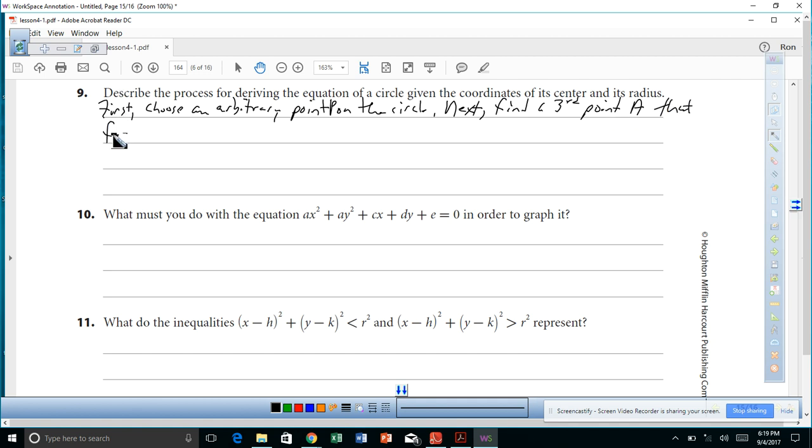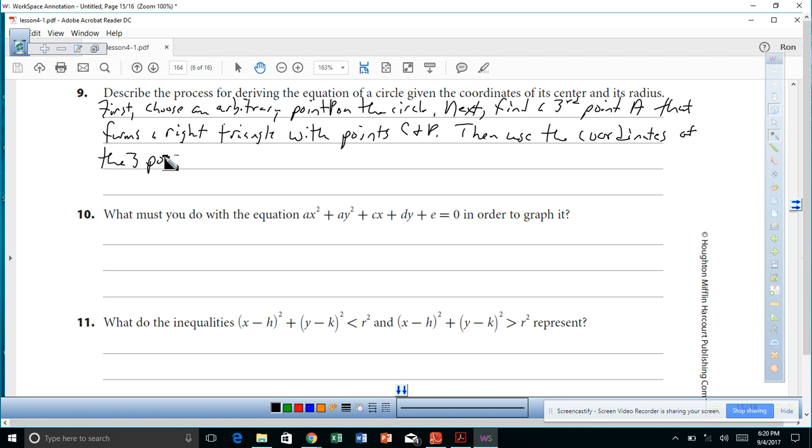That forms a right triangle with points C and P. Then use the coordinates of the 3 points to find the lengths of segments CA and PA.